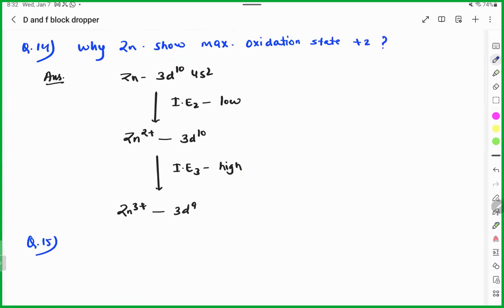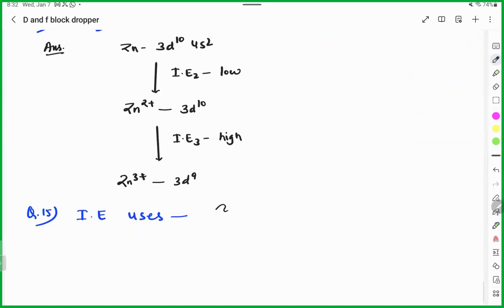What is the use of ionization enthalpy? What are the different things we can predict by using ionization enthalpy? Its oxidation state, its reactivity as a metal. So if you see uses of the ionization enthalpy, we can use it.